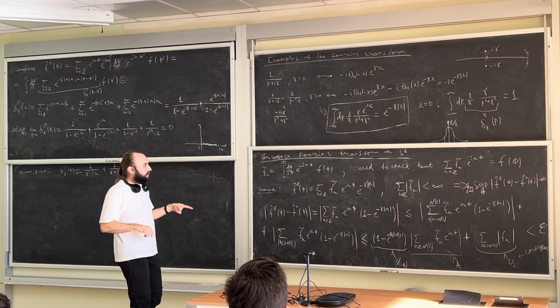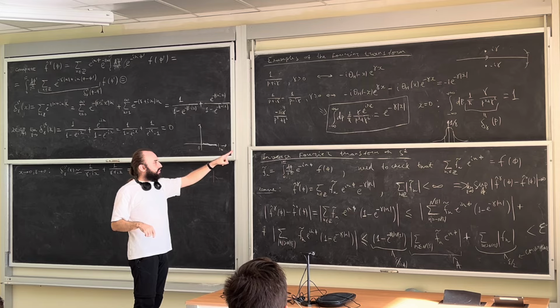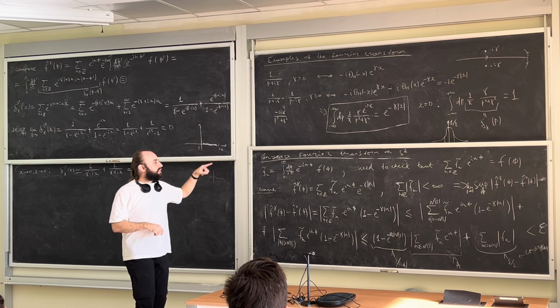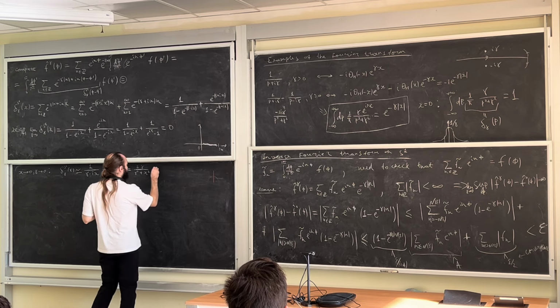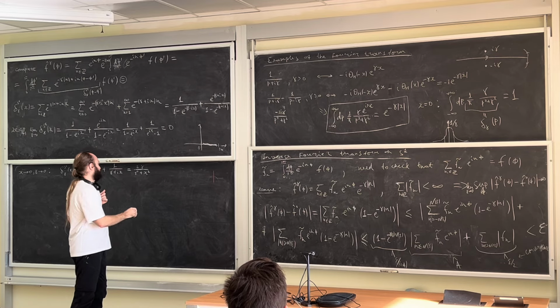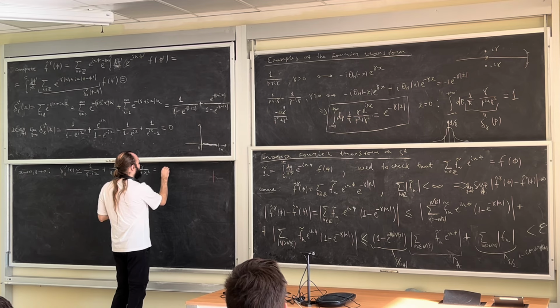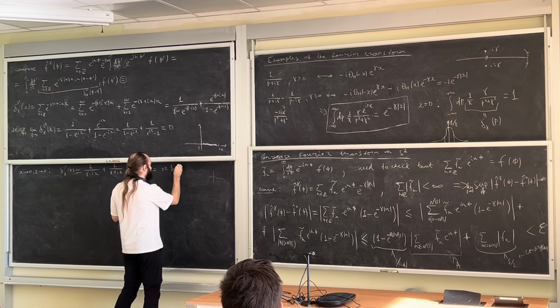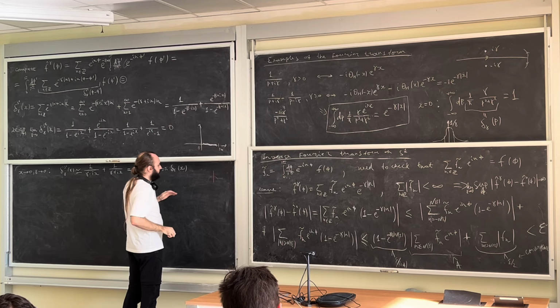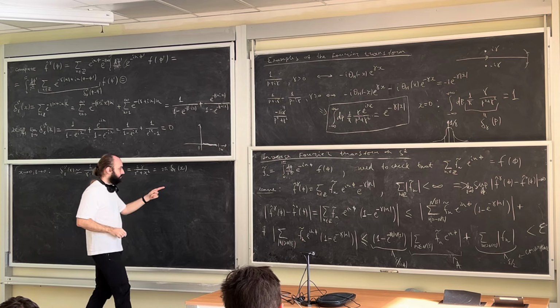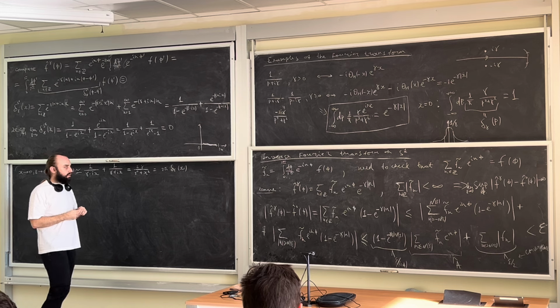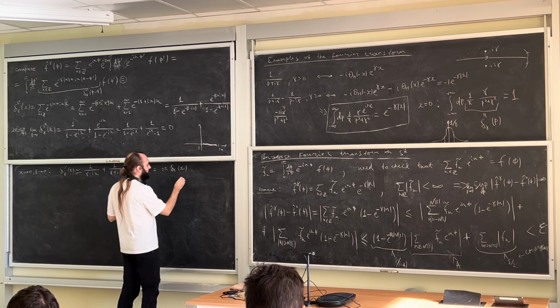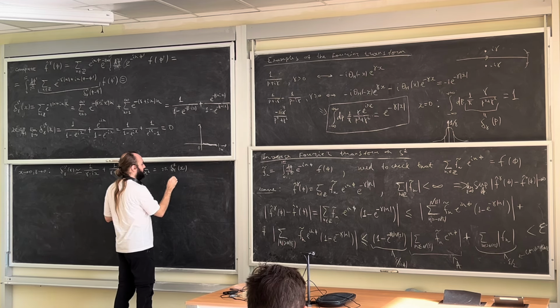So comparing to our delta-like sequence, it looks like 2 pi times delta gamma of x. So this is the delta function on the real line.